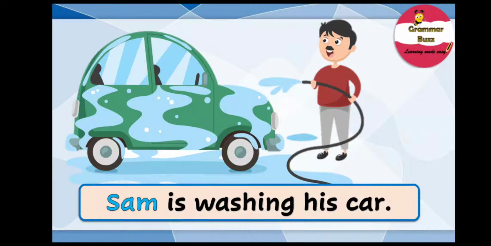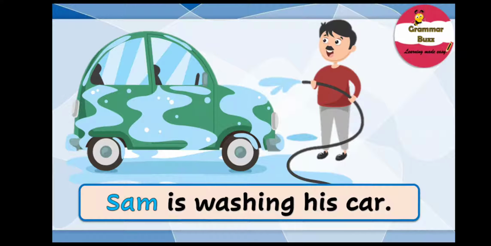Look at the picture of this man washing a car. And that's our sentence. Let us name the man Sam. Sam is washing his car. So, who is the sentence about? You're right. The sentence is about Sam. In this sentence, Sam is the subject because this sentence is all about Sam.